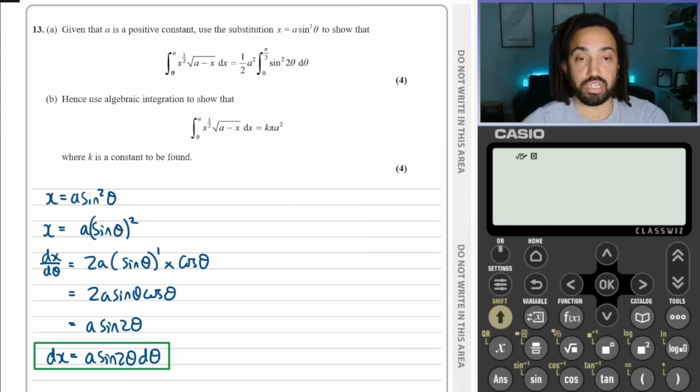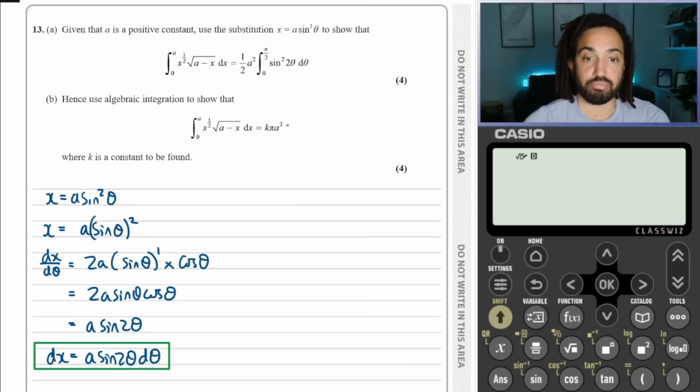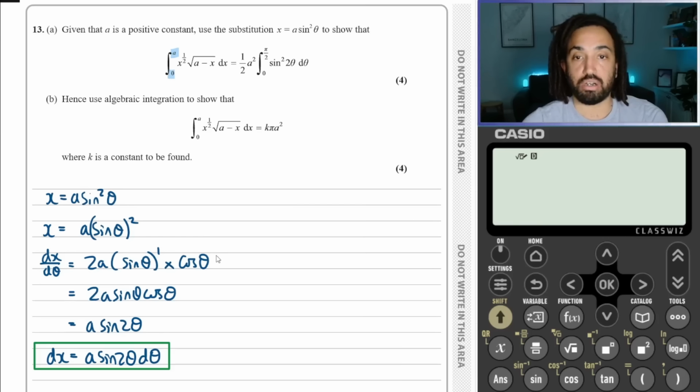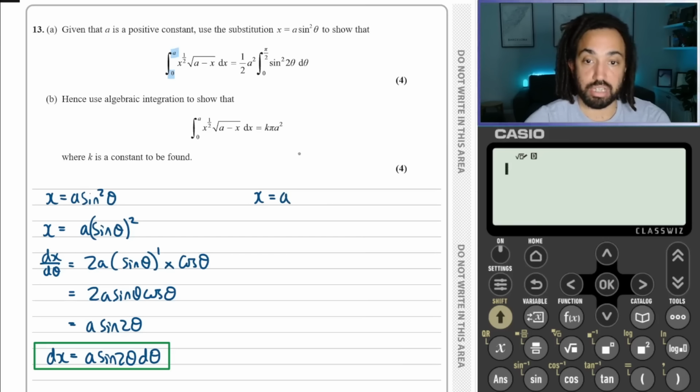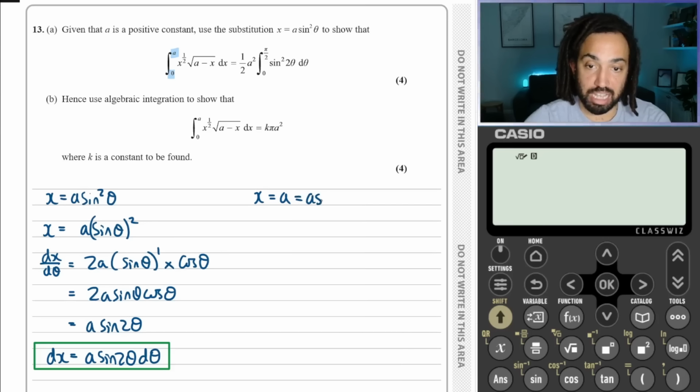And then we're going to look at the limits next. So these limits are in terms of x, but if we are going to substitute x out for the variable theta, we need to write the limits now in terms of theta. So we've got x is equal to a, which is this one here. We also know that x is equal to a sine squared theta.